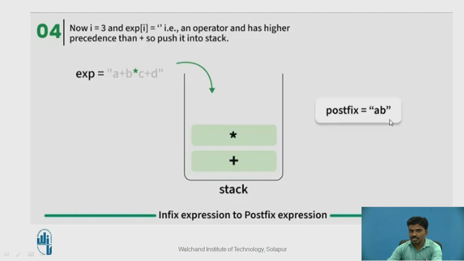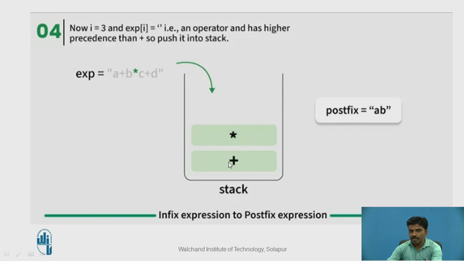The next operator is into. The stack contains the plus operator, and into has the higher precedence. You have to remember that the stack always contains the highest precedence operator at the top.